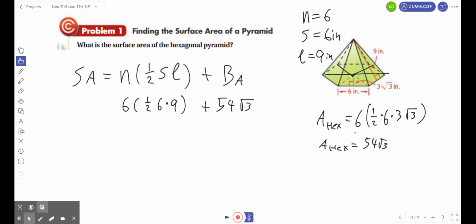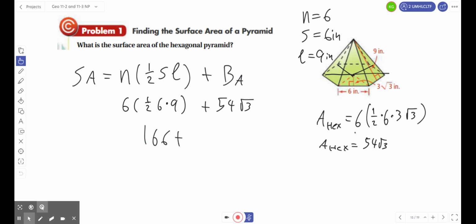So this is going to be 54 root 3. And 6 times 6 is 36, times 1/2 is 18. 18 times 9 is 162.